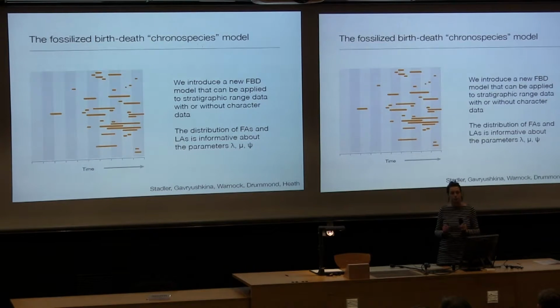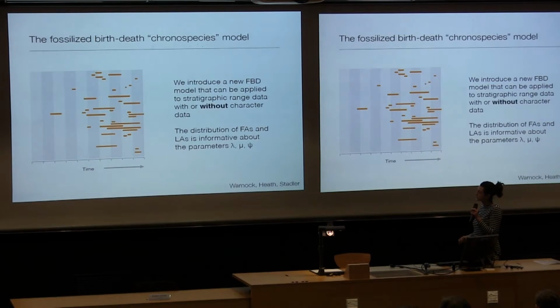These models also enable the process of morphological species evolution to be decoupled from the underlying branching process, and they can be applied with or without character data. Today I'm specifically talking about the case where we have no character data, and instead we just have stratigraphic range data.